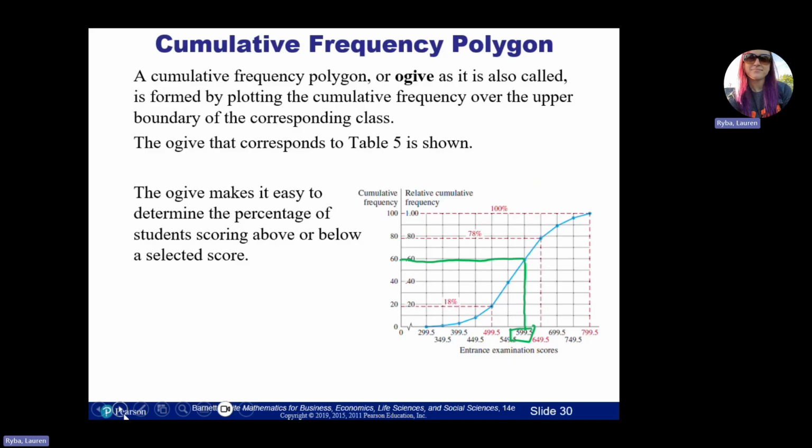Basically, I can figure out what percent this score is at, or what score is at this percent. I can answer questions like that. So 78%, they drew that one there, drew it down. 78% of the students score below 649.5. That means the remaining 22% would be above that.